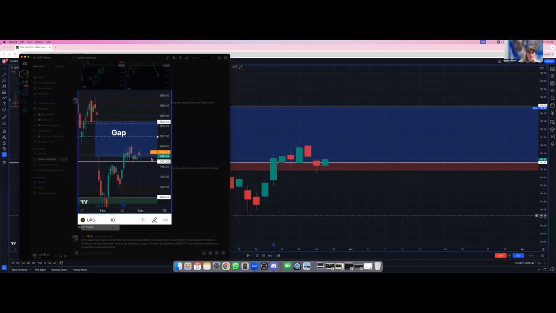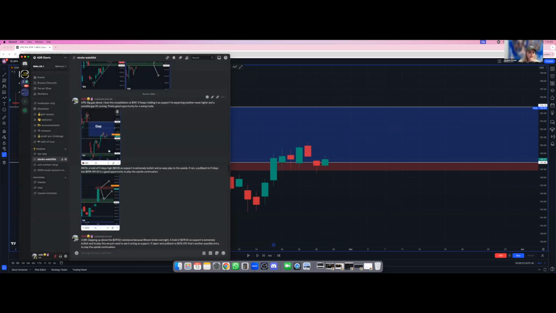Look how UPS was looking when I called out this trade. It was March. So it was making a consolidation at support, right? Making a consolidation at support.